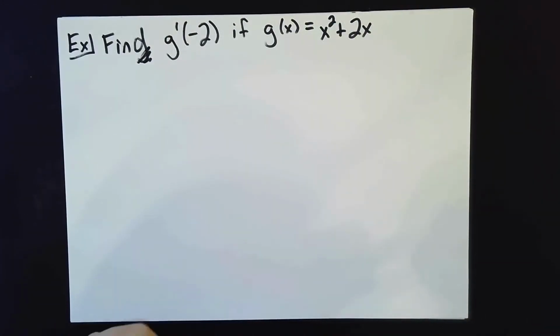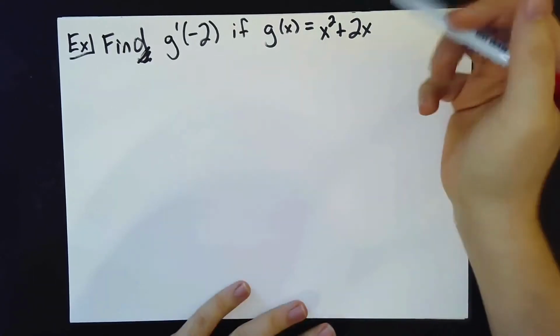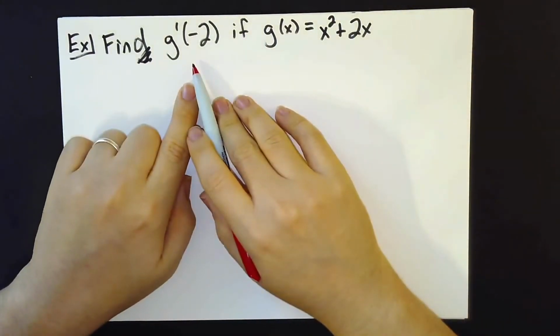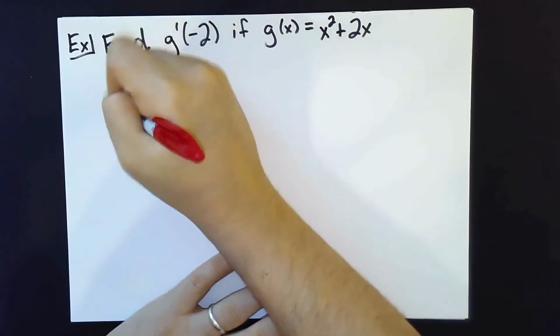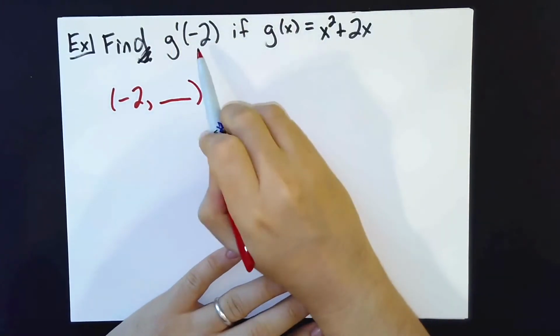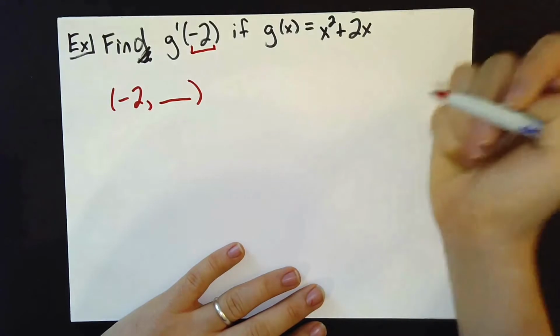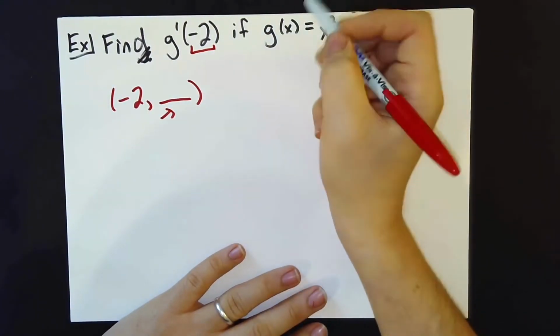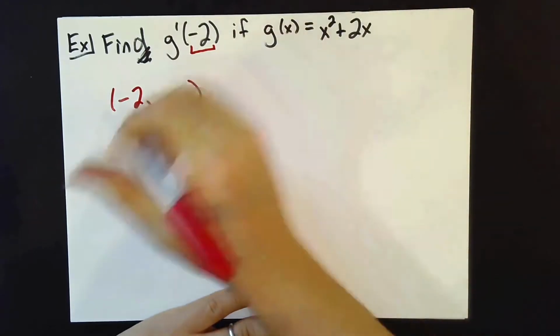Okay, let's do another example where the graph of the function we're looking at is not a line. Again, to do this, I want to first write down 2 points. The first point is going to be the point on the graph whose x-coordinate is this input. So if the x-coordinate is minus 2, what's the y-coordinate?